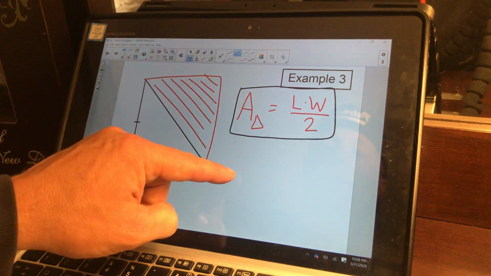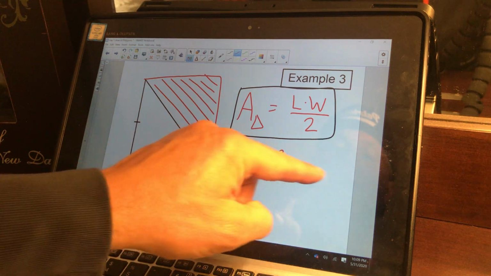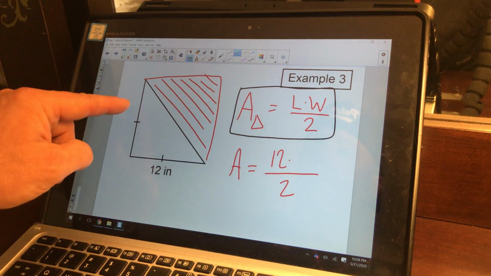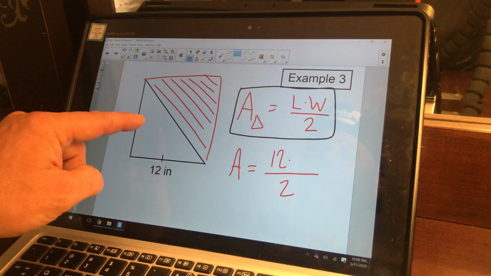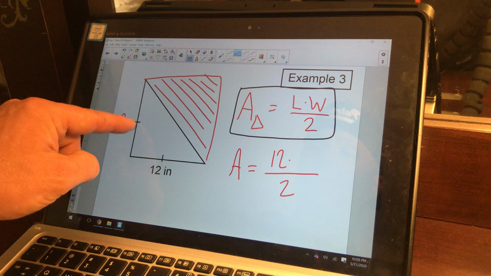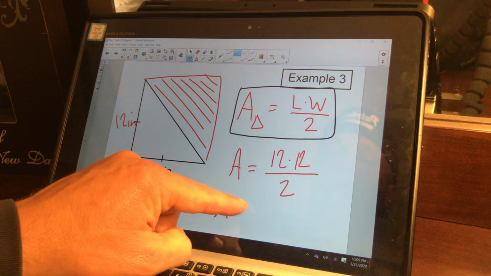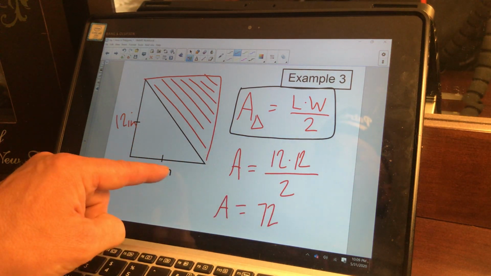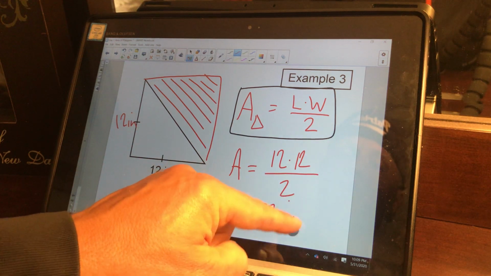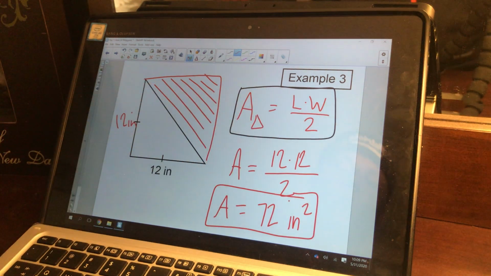Let's fill in the numbers. Area equals, the length is 12. And the width, well, there's no number here, but it does have that same mark, that one slash mark. That's telling me this is 12 inches as well. 12 times 12, 144. 144 divided by 2 is 72. Inches times inches is inches squared. Half of what it would have been if it was a rectangle or a square.